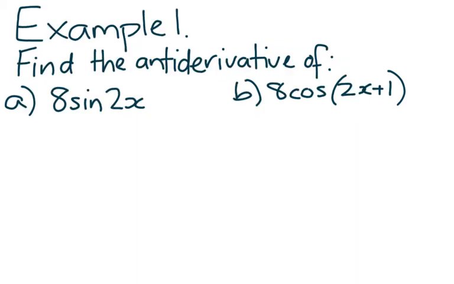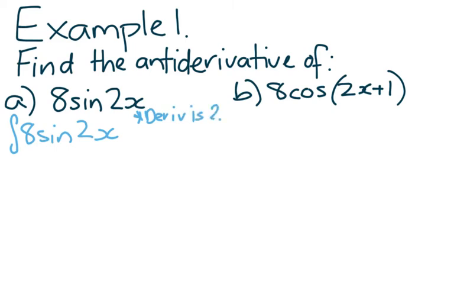So we'll go through some examples now. So example 1, we need to find the antiderivative of 8 sine 2x. So here we are doing the integral of 8 sine 2x. And I'm just going to make a little note that the derivative of the inside is 2.